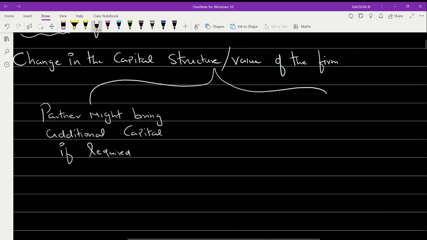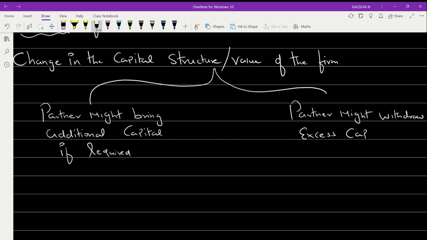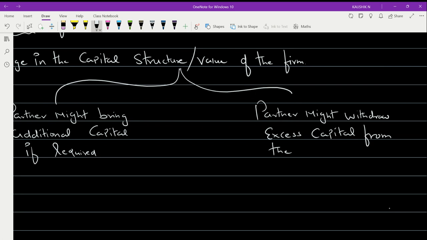This is one way. Or the other one is partners might withdraw excess capital from their existing capital value.